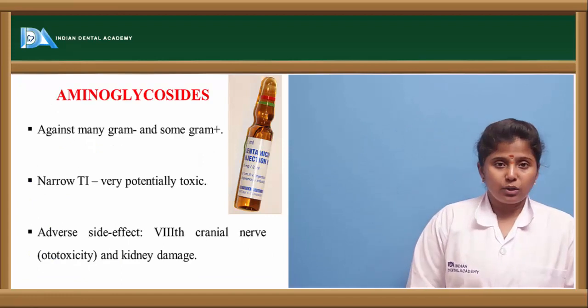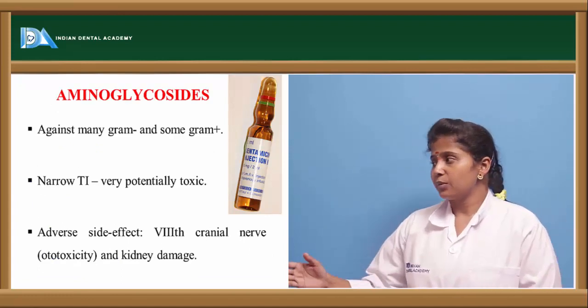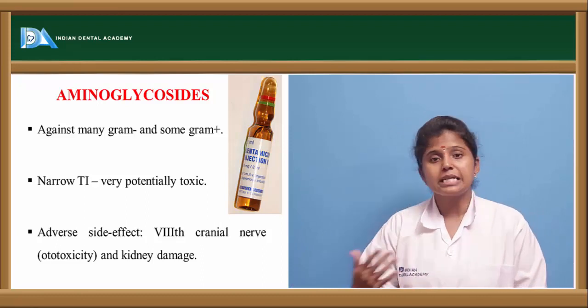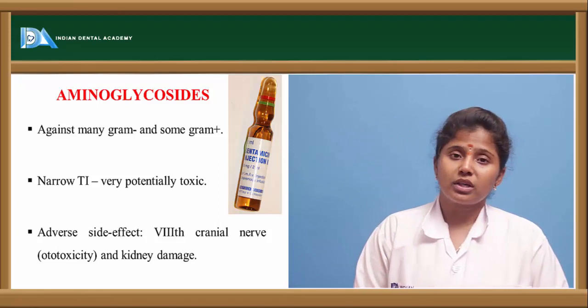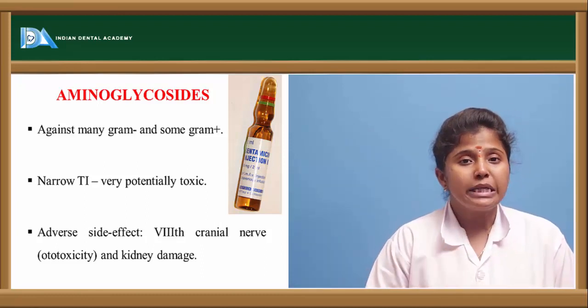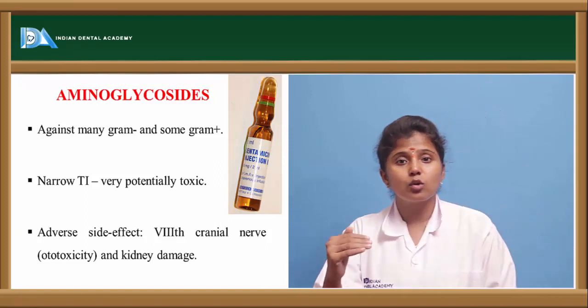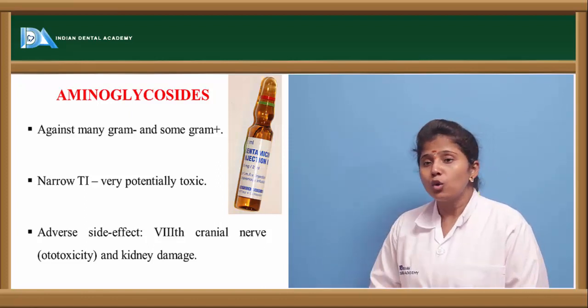So now let us see the aminoglycosides. Aminoglycosides are antibiotics which are very effective against gram-positive as well as some gram-negative bacteria. And these have a narrow therapeutic index. So the dose of these aminoglycosides should be monitored, because if we increase the dose, it may lead to an adverse effect, and if we decrease the dose, it may lead to no effect.